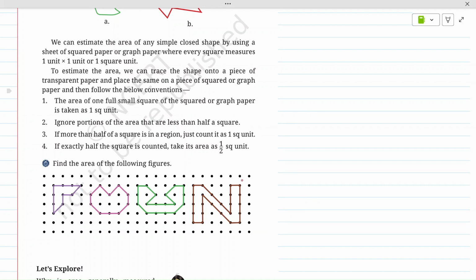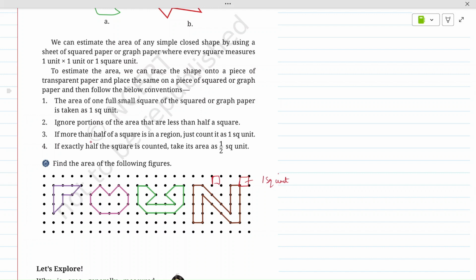So if we take one complete square anywhere here, its area is taken as one square unit. Next, ignore the portions of the area that are less than half a square. There may be certain areas which represent less than half of a square. We have to ignore those.